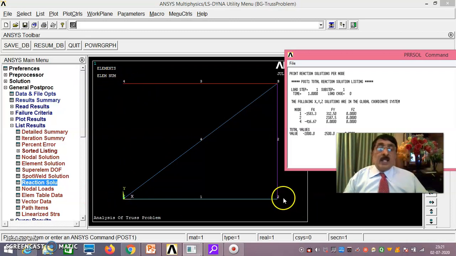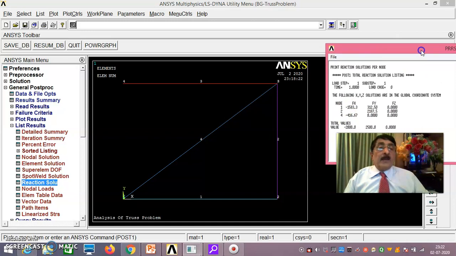This plus this is equal to 2000. These two put together will match 2000. If you have done it correctly, the verification is done here.